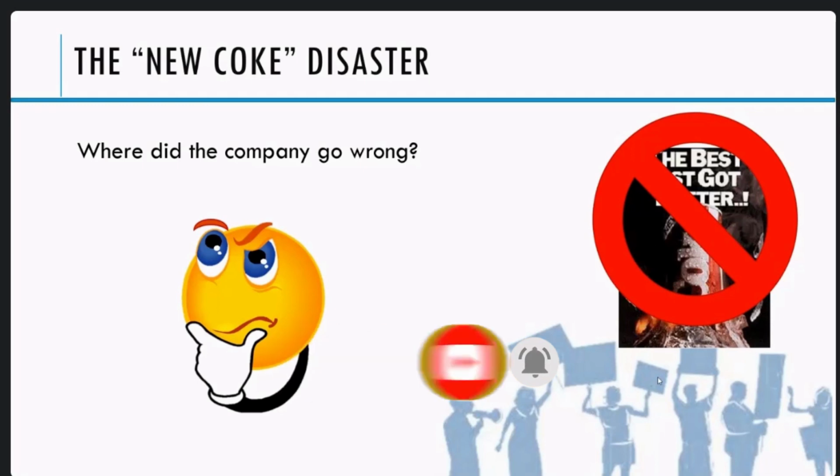That means it has not checked the qualitative attachment, the emotional attachment, the attachment to the taste of the original Coke before it replaced the original Coke. And finally, the consequences happened.